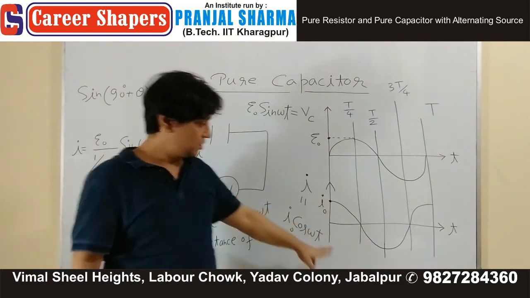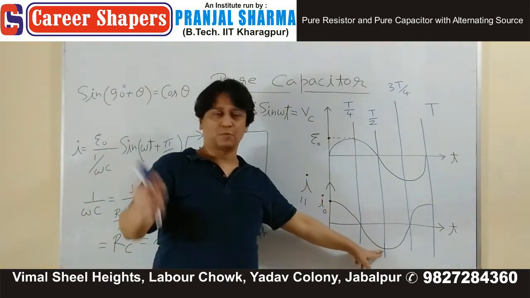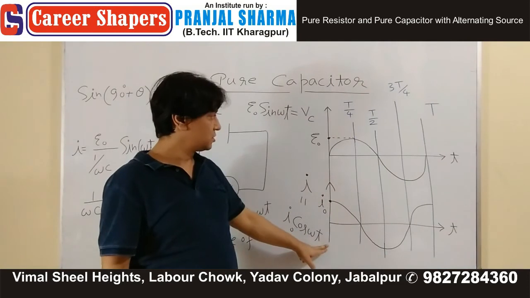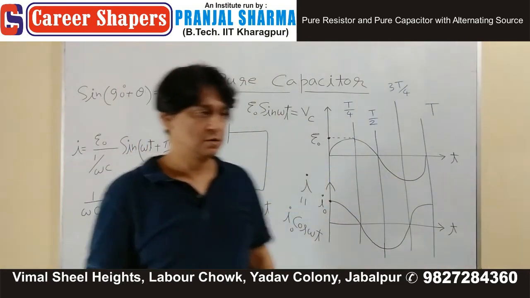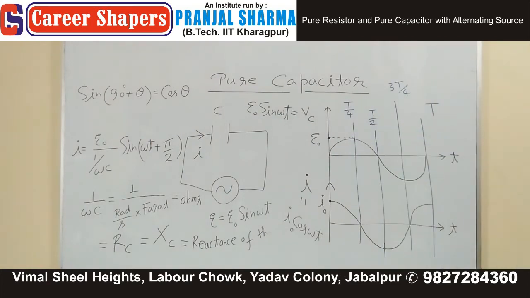This place is I naught. This place, it's quite clear, it will be minus I naught. This is E naught. This will be minus E naught. Four or five people are saying they did the same thing. Good.